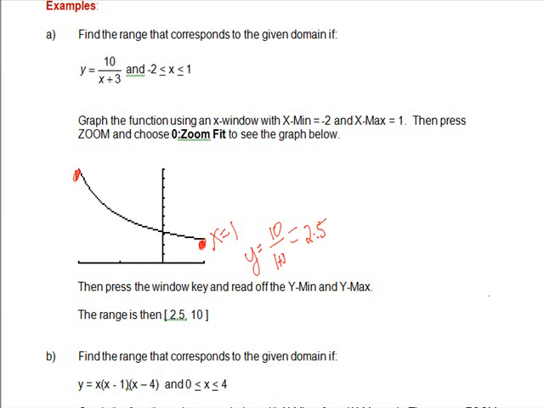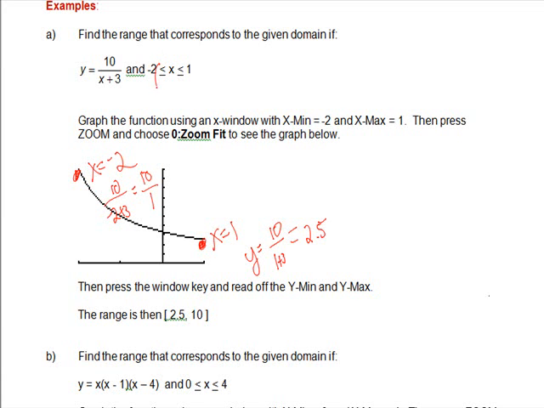And then the upper y is happening when x is negative 2. So when x is negative 2, that's going to give me 10 over negative 2 plus 3, or 10 over 1. And so that's going to give me 10. And so notice my range is going to go from 2.5 to 10.